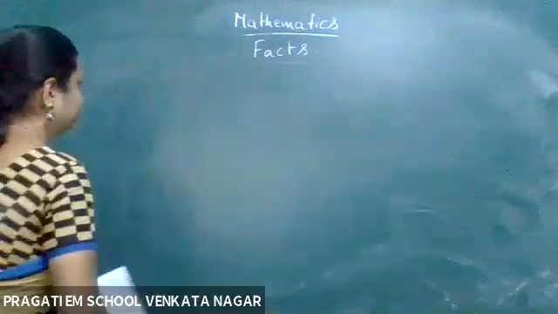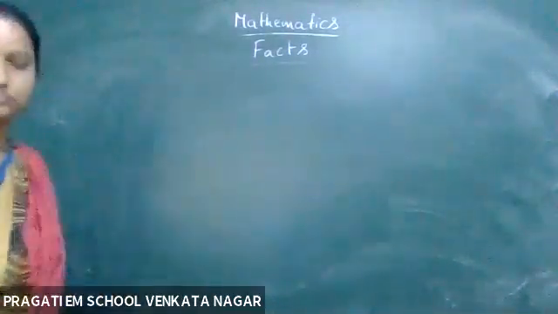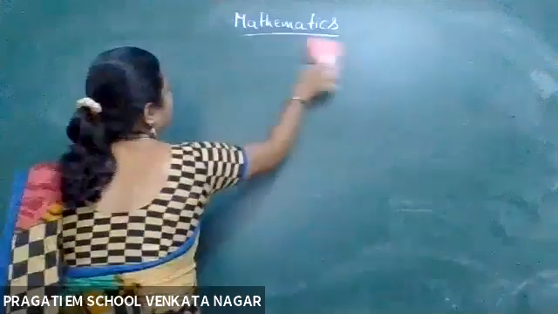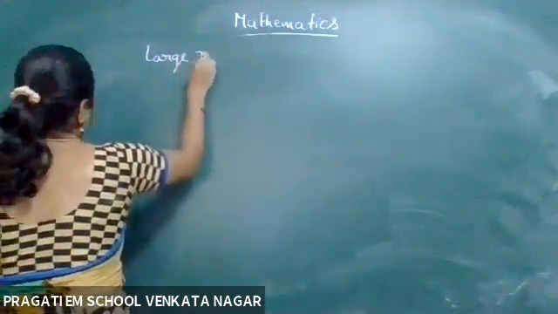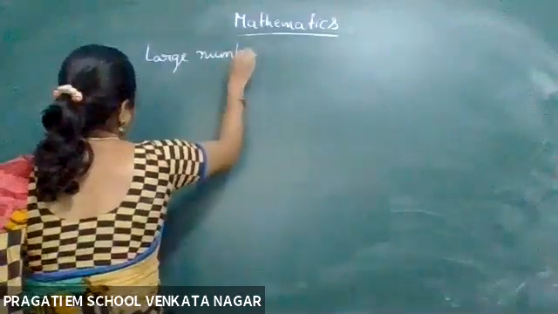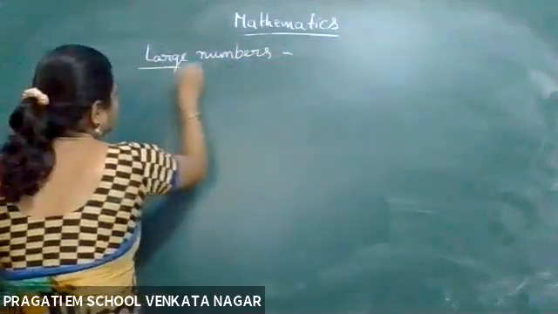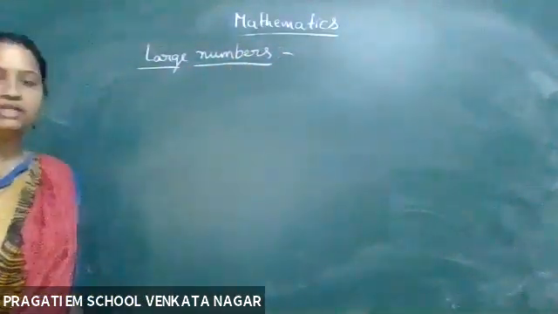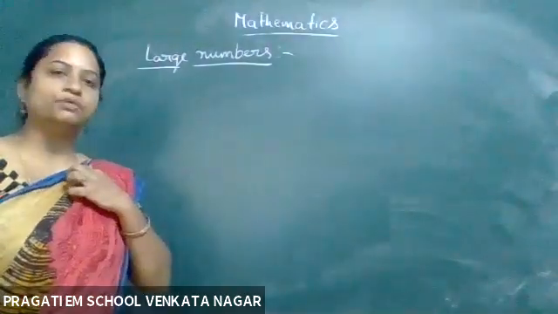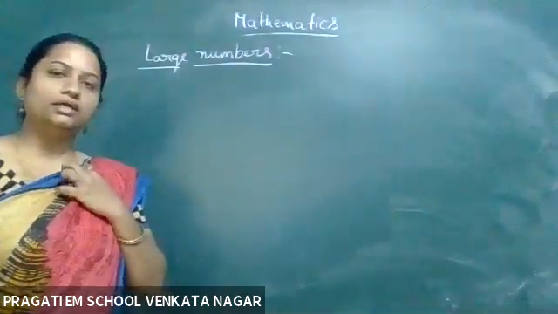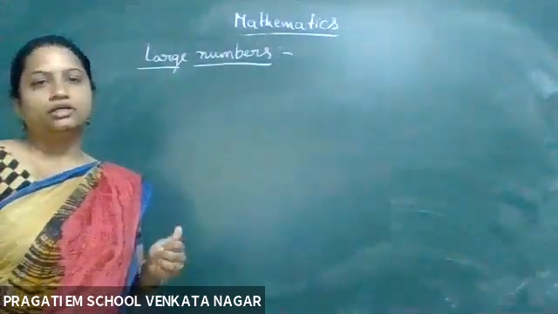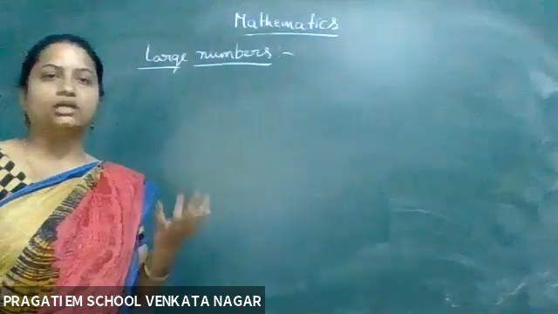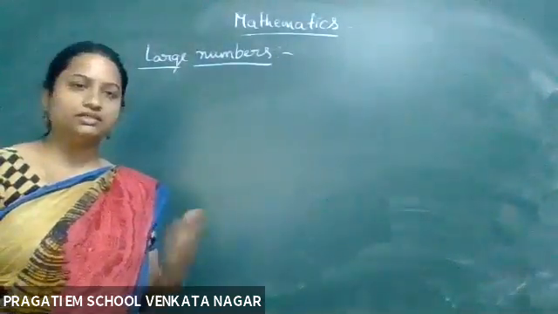Now, children, I am going to tell you an interesting fact about large numbers. In 5th class, in the Indian place value system, you learnt up to the crores period. And in the international place value system, you learnt up to the millions period. We have so many larger numbers than this.